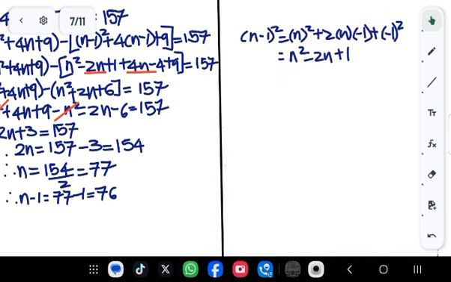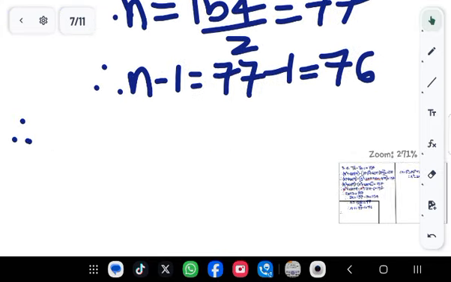So yes, that is the correct answer. We checked it out, it checks out.